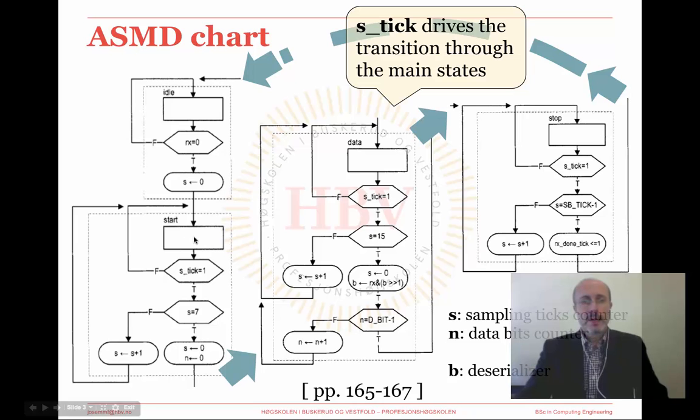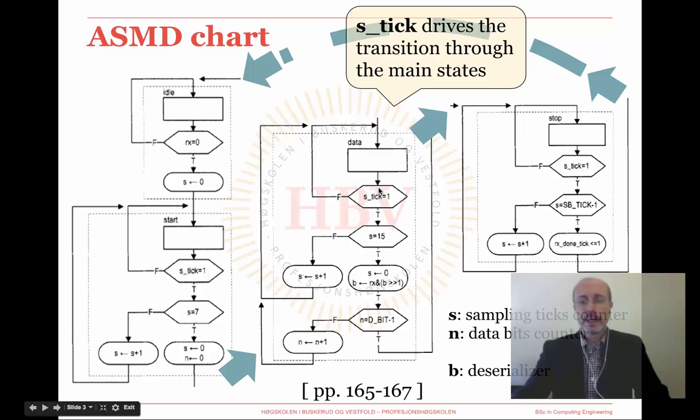When the sampling ticks counter is equal to 7, we have reached the middle point of the start bit. So it is now time to reset the sampling ticks counter and also reset the data bits counter, and to move on to the data state where we will remain until all data bits have been read.